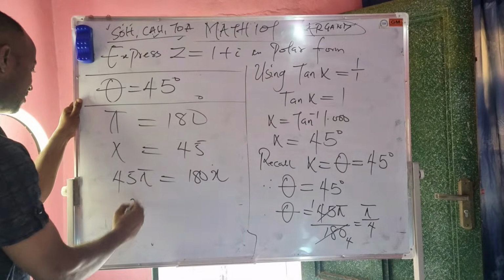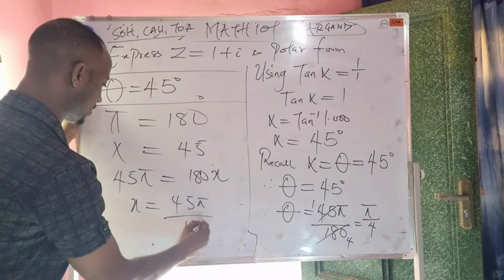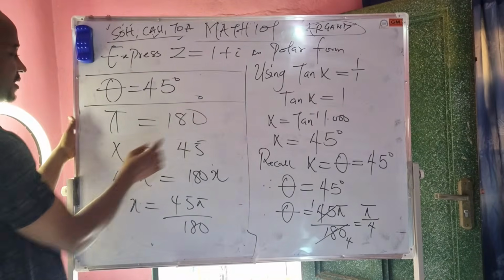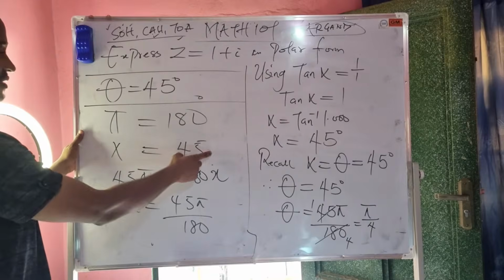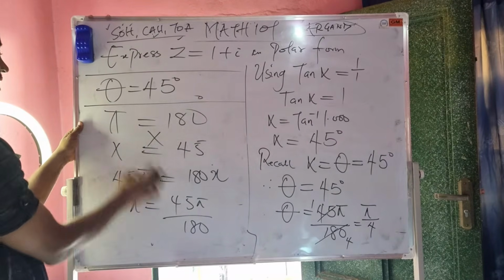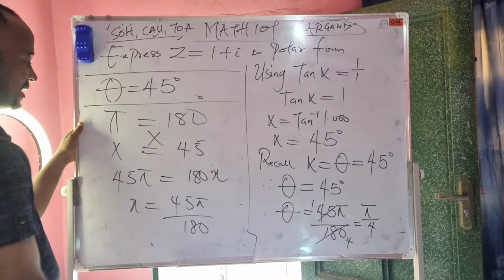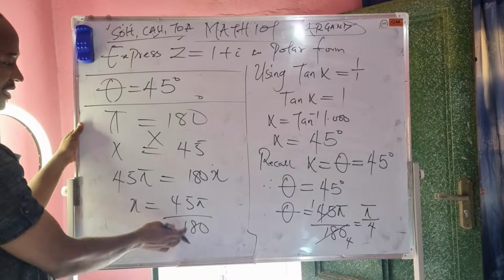So x becomes 45 rad over 180. If 1 rad represents 180 degrees, how many can we find in 45? What we just did was cross multiply. 180 times x is 180x. Then to find x, we divide both sides by 180, and that gives us this.